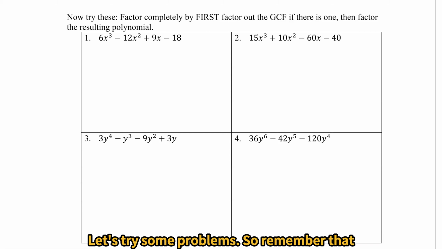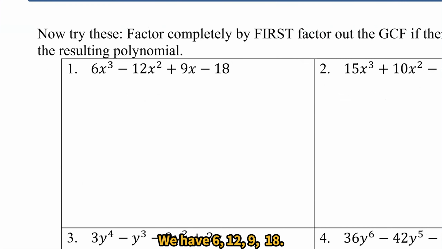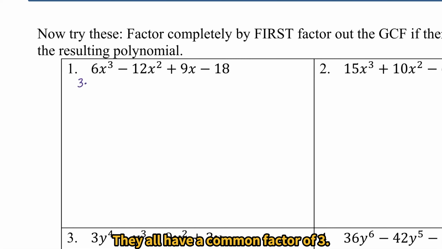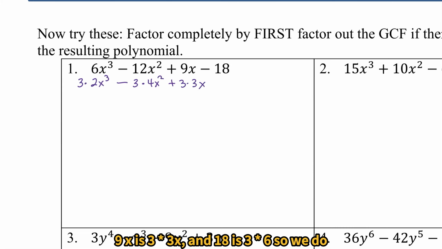Let's try some problems. Remember that the first step is always to look for a greatest common factor in all the terms. In number 1, we have 6x cubed, 12x squared, 9x, 18. They all have a common factor of 3. 6x cubed is 3 times 2x cubed. 12x squared is 3 times 4x squared. 9x is 3 times 3x.